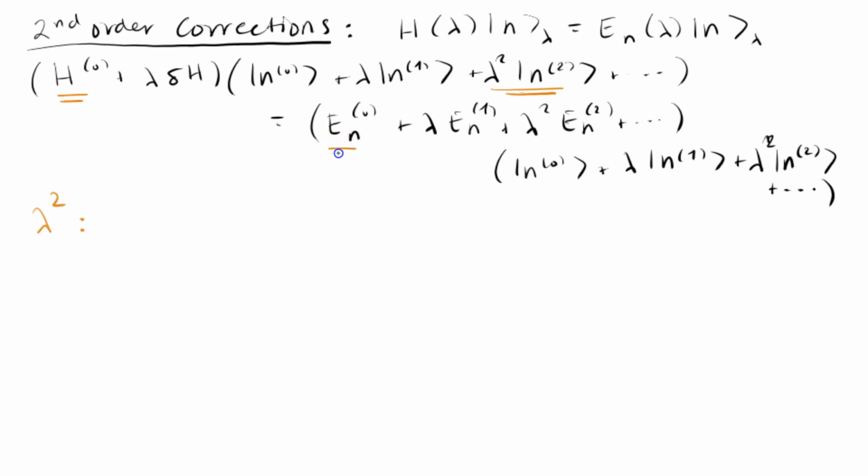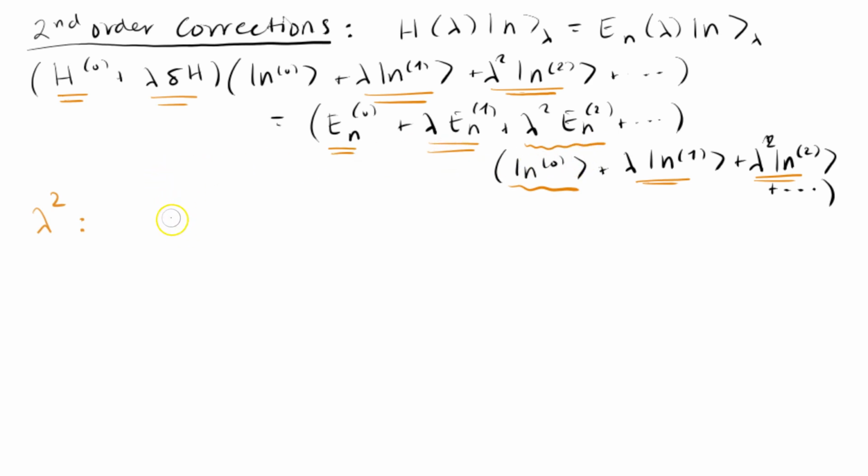We're going to have En0 and this one, rather. This is lambda squared. Anything else? Well, yes, lambda times lambda, that's lambda squared. And also lambda squared and 0.